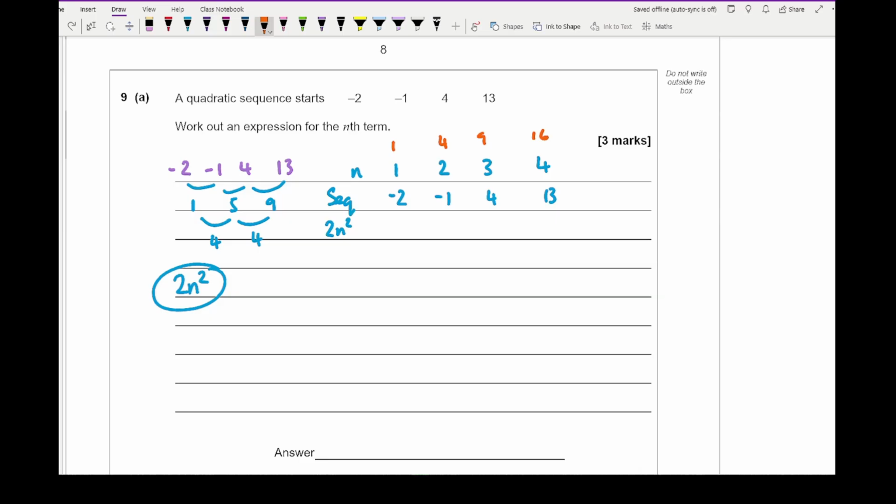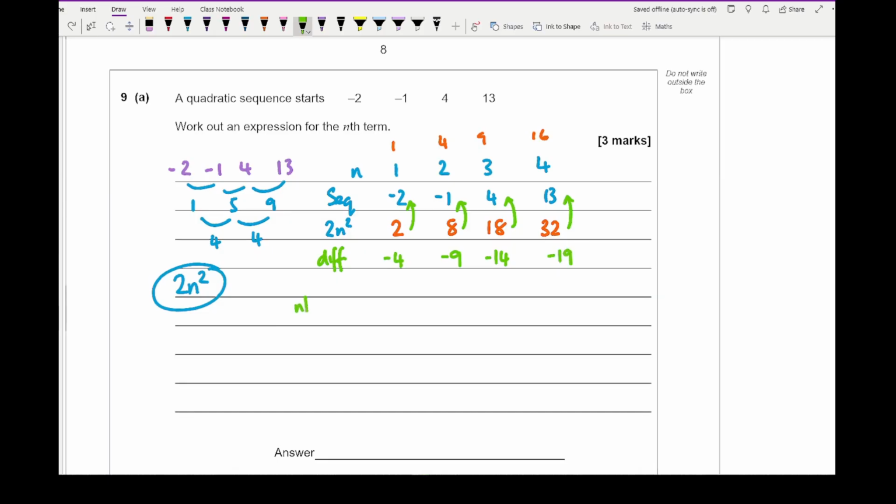And that's going to give me 2, 8, 18 and 32. And then what I want to do is look at the difference. So the difference between this and this is going to be minus 4. Here to here is minus 9. Here to here is minus 14. And here to here is minus 19.